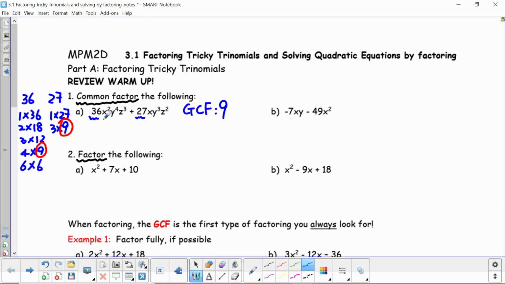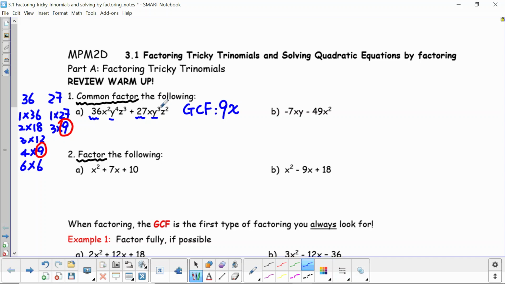Then for the variables, for the same variable, we are going to find the lowest degree. So for x, one is 2, another one, no number means 1. So the lowest degree will be x to the exponent 1. Then we see the next letter, y. Y to the exponent 4, y to the exponent 3.